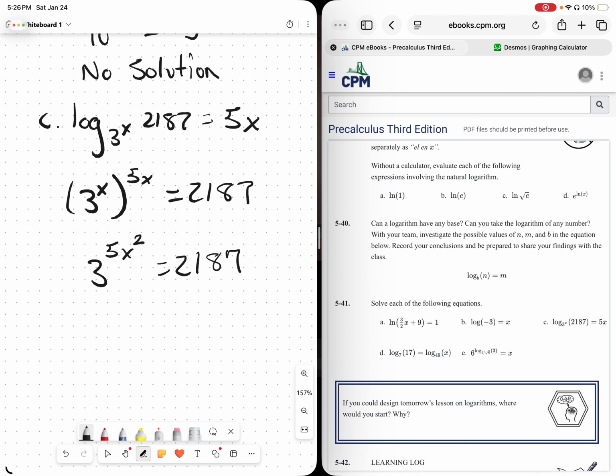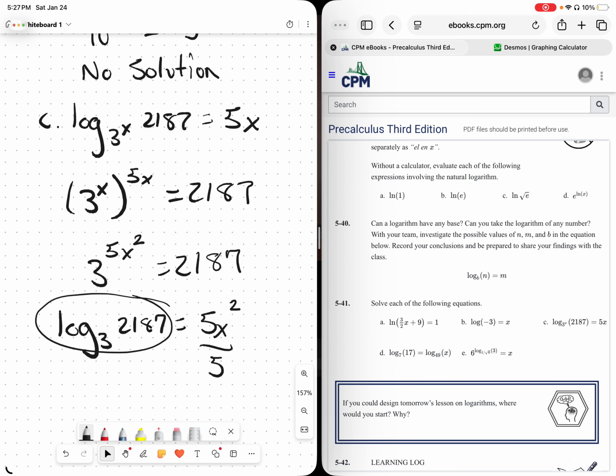That's going to just make that cleaner and then go back to log. So this is log base 3 of 2187 equals 5x squared, right? Again, so put this in a calculator, then divide by 5, right? And square root. Okay.